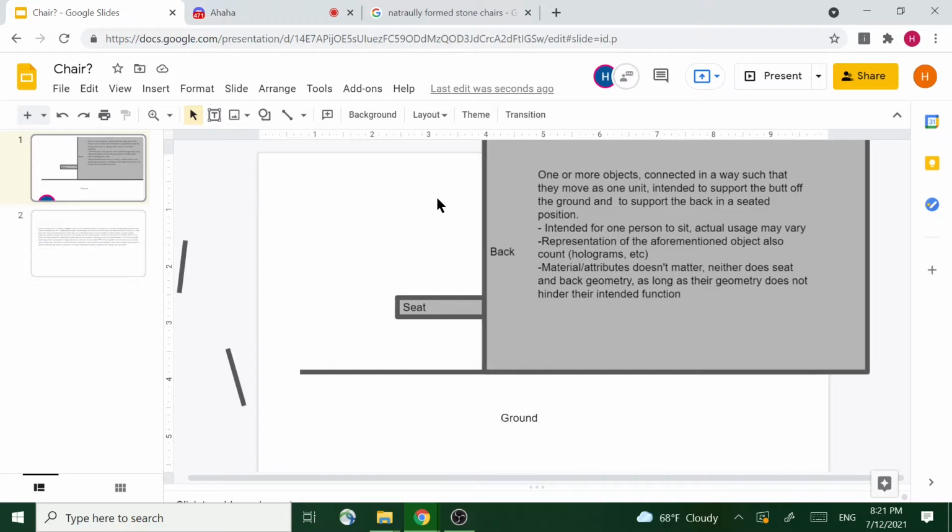Yeah, it constrains the size of a chair, but I guess the size isn't constrained in our case. Okay, so what's the difference between a chair and a bench? How does a bench break our definition? It breaks our definition because it's intended for more people to sit on. It's long.